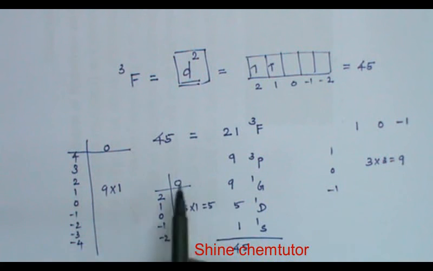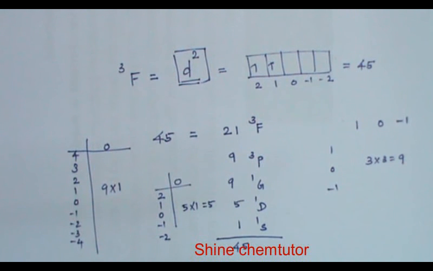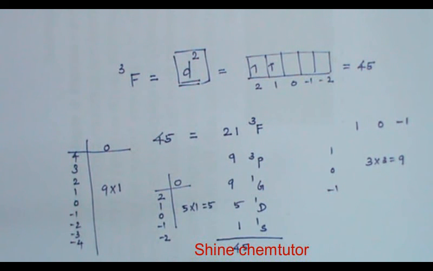Since it is singlet, it will be 0 and the L value will be 0. So if you add all these things, it will be 45. So the total microstates for D2 configuration is 45. In that, triplet F 21, triplet P 9, singlet G 9, singlet D 5, singlet S 1.